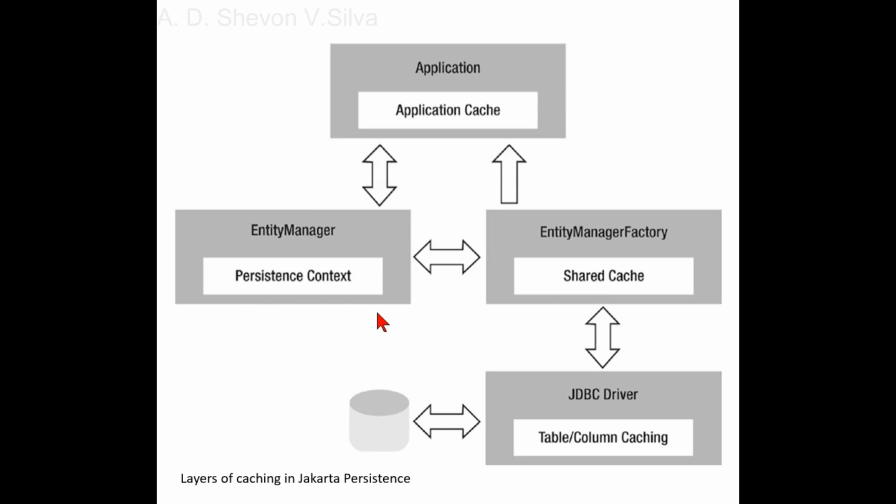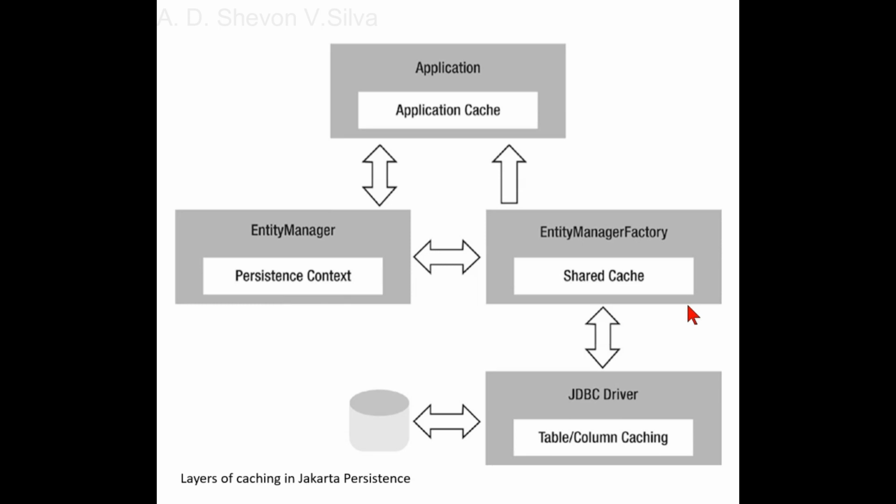Caching in the entity manager factory is referred to by some as the second level cache, but of course this name makes sense only if there are no caching layers between it and the persistence context, which is not the case for all providers.